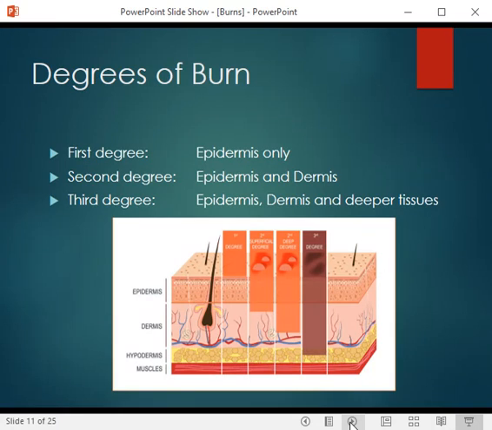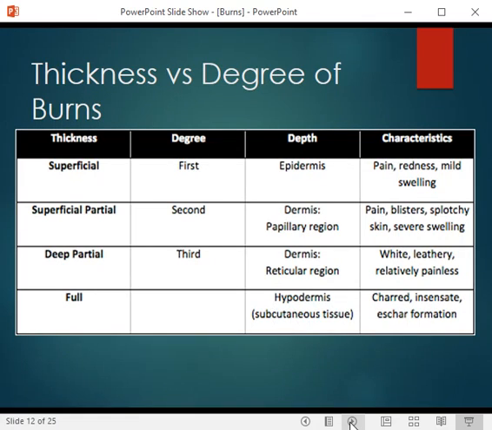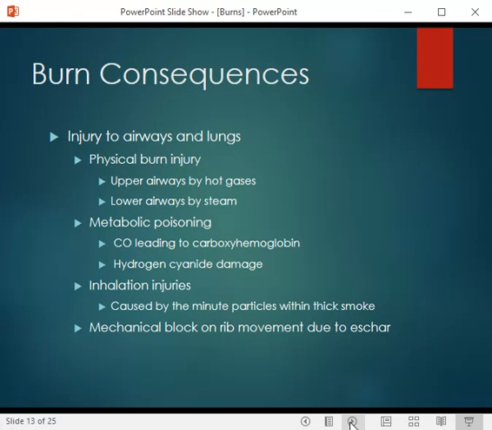All of these are synonymous: first degree is synonymous to superficial burns, second degree superficial is synonymous to superficial partial thickness burn, second degree deep is synonymous to deep partial thickness burn, and third degree burns are the same as full thickness burns. So this is just a comparison between the degrees and the thickness of the burns.